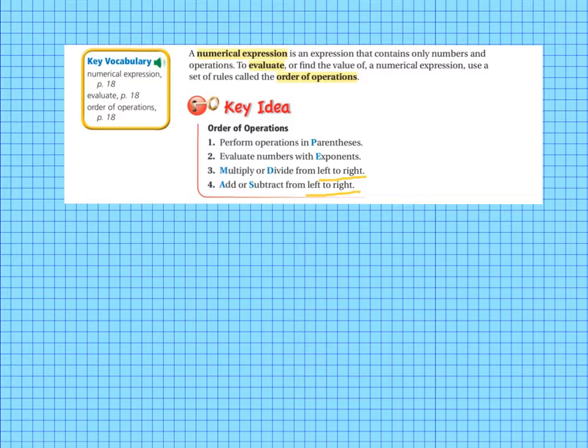So we often write this as parentheses, exponents, so P-E-M-D, and I always put an arrow over the top of the M and D to remind you that it goes from left to right, A, S for addition and subtraction, and we put another arrow on the top of the A and the S to remind you that it goes from left to right. So pause and write this key idea, the order of operations, and our abbreviation in your math notebook.